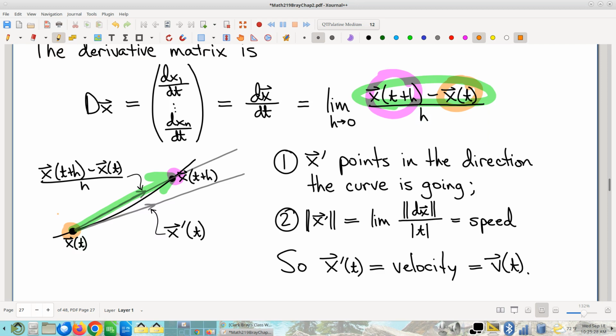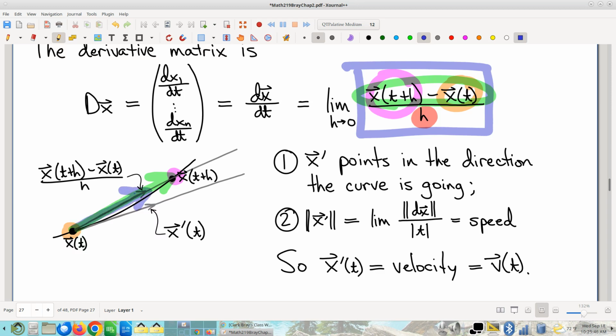And then we can ask, well, what happens when I divide by h, right? Well, then you're going to get a vector that points in the same direction. This fraction points in the same direction, but with a different magnitude.